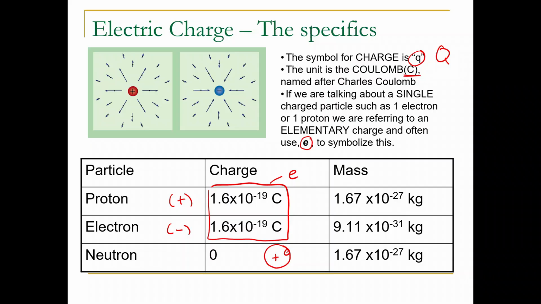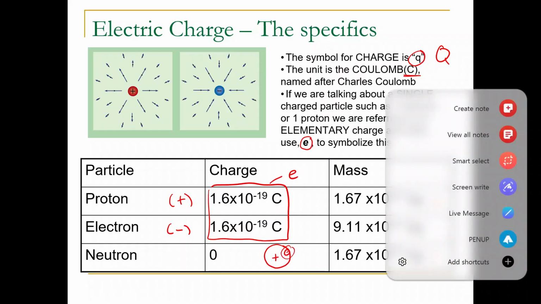That's kind of what a neutron is, which is why the mass of the proton and the mass of the neutron are the same to three significant figures. When you break it down to more decimals, you'll see that the neutron has a tiny bit larger mass, and that is due to the fact that it has this extra negative charge added onto it.